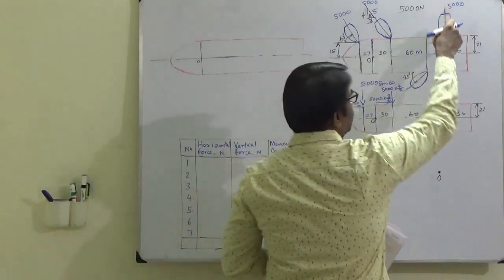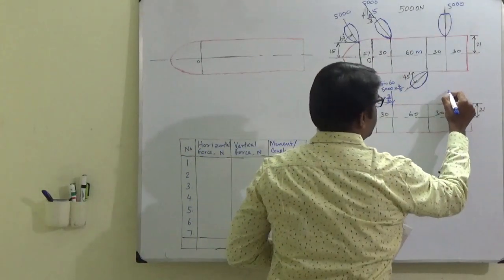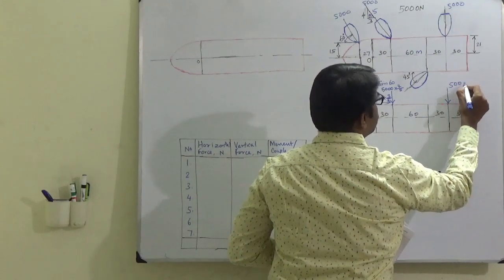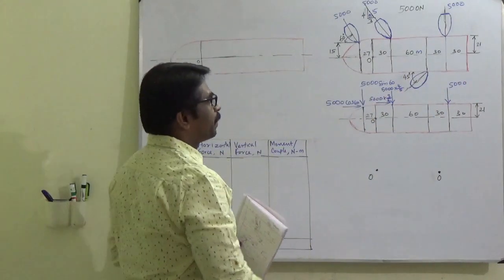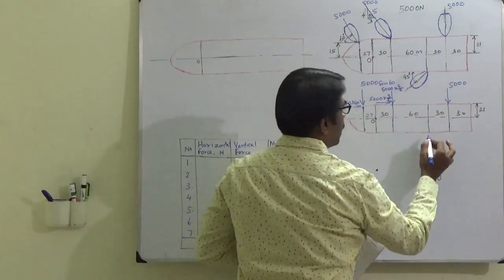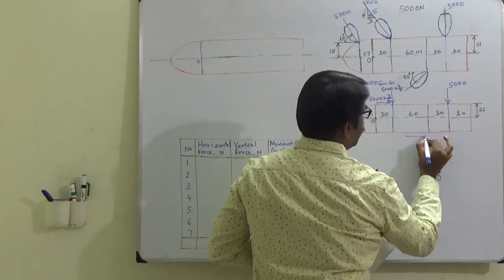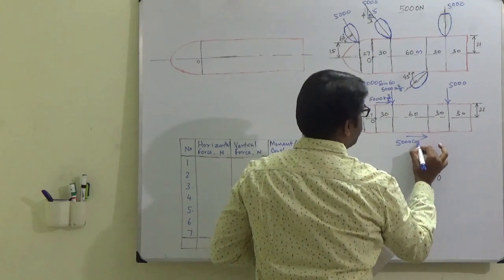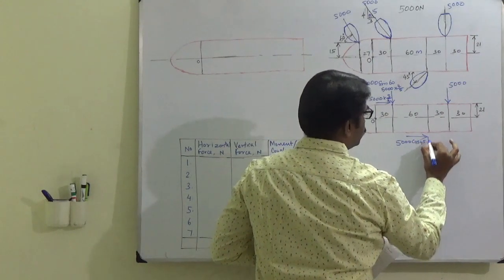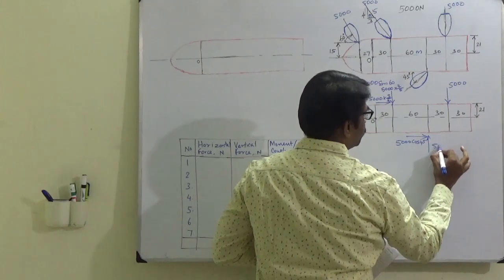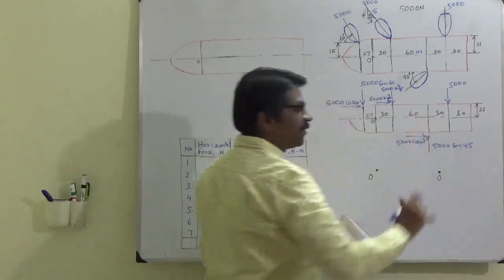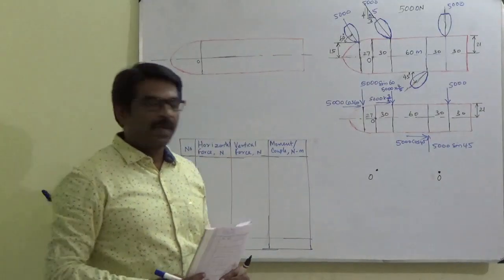Now it is a vertical force, so you can directly take 5000, and now this force horizontal is 5000 cos 45, vertical is 5000 sin 45. Both are same values, by the way.